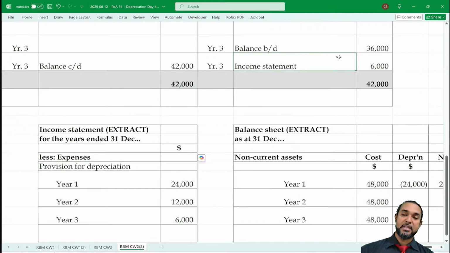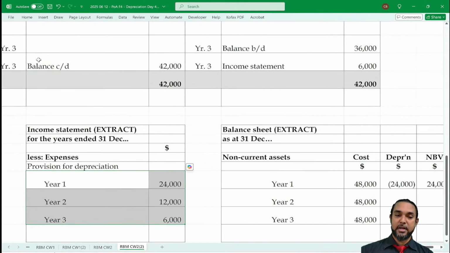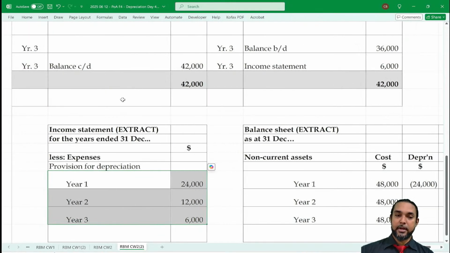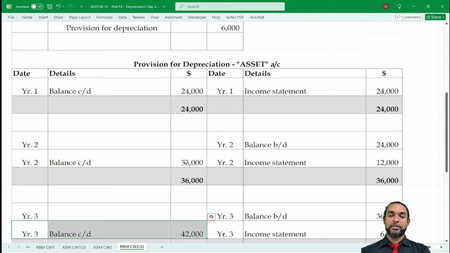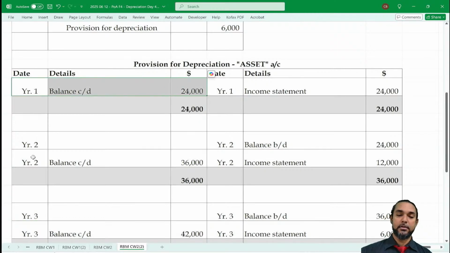So if the income statement figures go in the income statement, the balances will have to go in the balance sheet. So these figures here, the 24, 36, and the 42, those are the balances for depreciation at the end of years 1, 2, and 3.